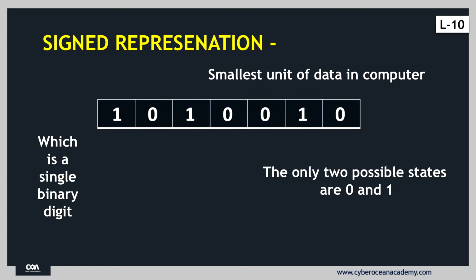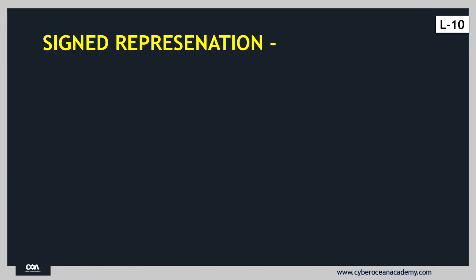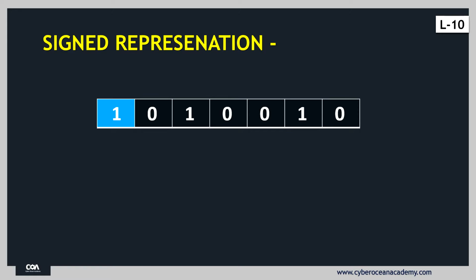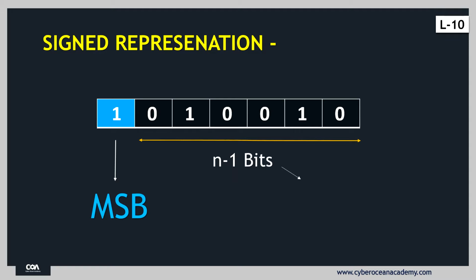Here you can see that these are the bits. Now let's discuss MSB. In an n-bit binary number, the leftmost bit is the MSB, your sign bit, which is used to represent the sign. The other n minus 1 bits are the magnitude bits, used to represent magnitude, and the nth bit is your sign bit.